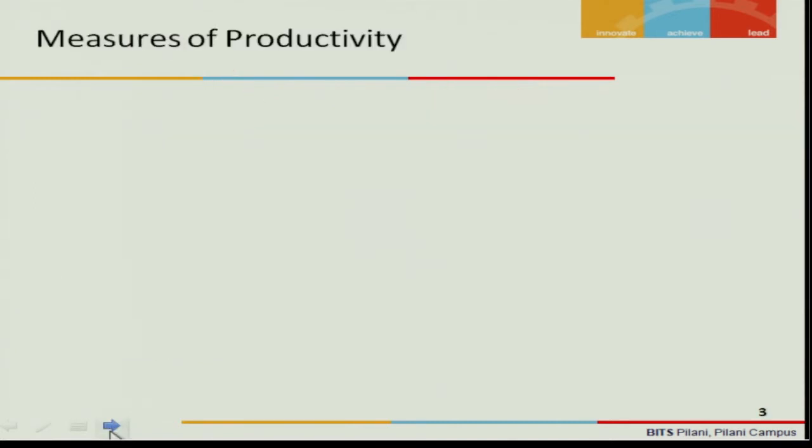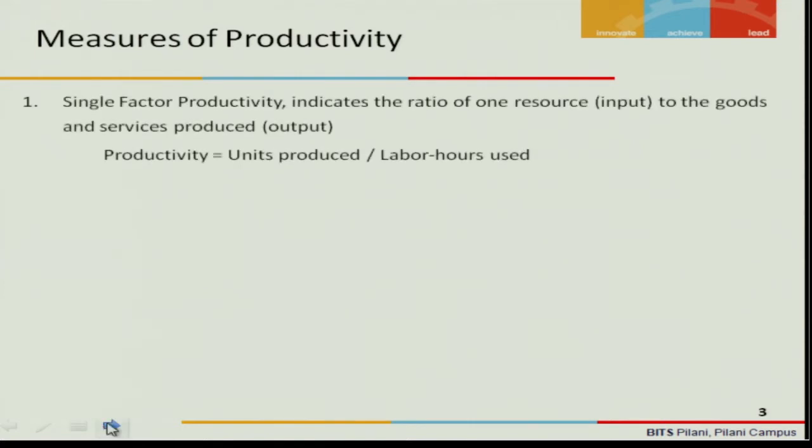To handle this problem, we have two different ways of measuring the productivity. The first one is known as single factor productivity. As the name implies, we just take any one of the inputs for expressing the productivity.